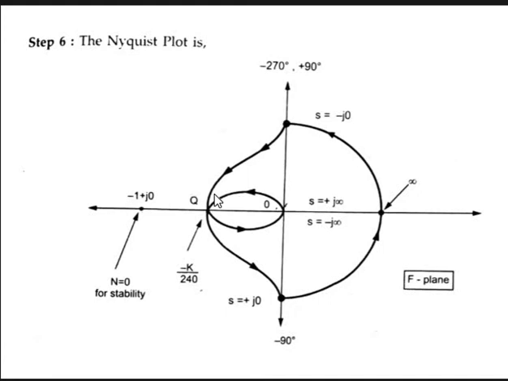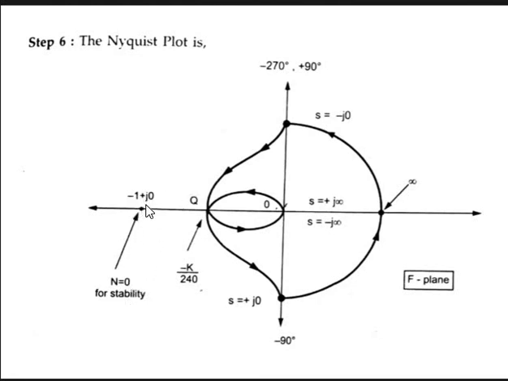So this is the polar plot. The point where the Nyquist plot intersects the negative real axis is Q, and this Q is minus k by 240. If the given system is stable, the point minus 1 plus j0 is not encircled by this polar plot. Only then is the n value 0.